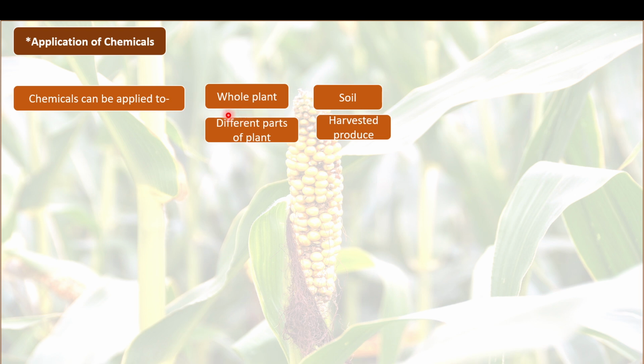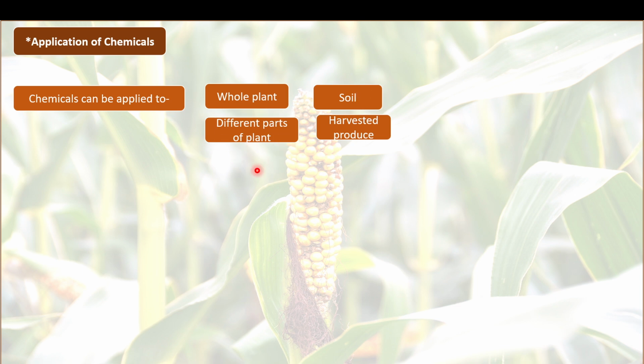Before the plant gives product, the whole plant is also important, because we have not received the product, so we have to save it from diseases, right? Soil also we have to save from diseases, because soil may also carry a lot of pathogens.